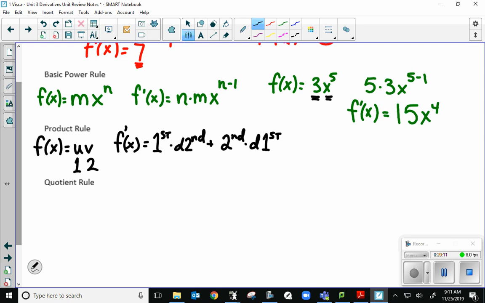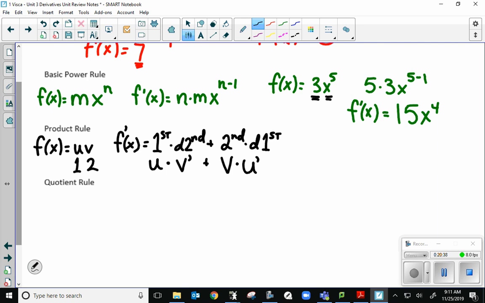In terms of notation, I take the first one, u, just as it is, times the derivative of the second, which is v prime, plus the second, v, just as it is, times the derivative of the first, which is u prime. That's what that is. First times derivative of the second, plus second times the derivative of the first.